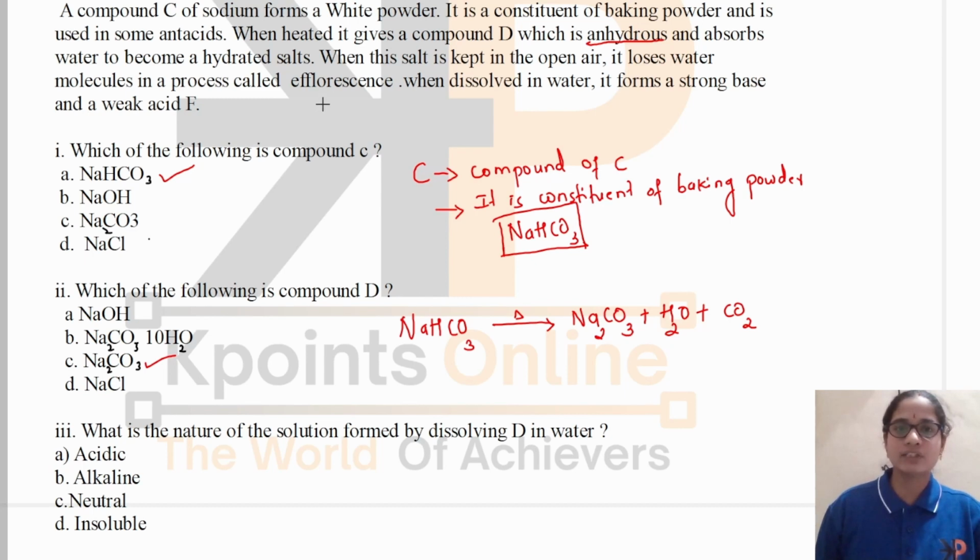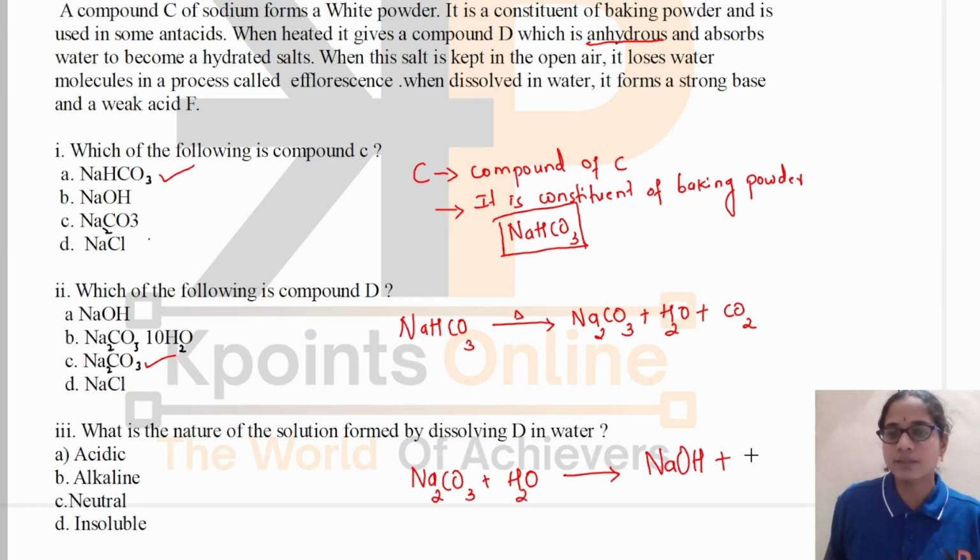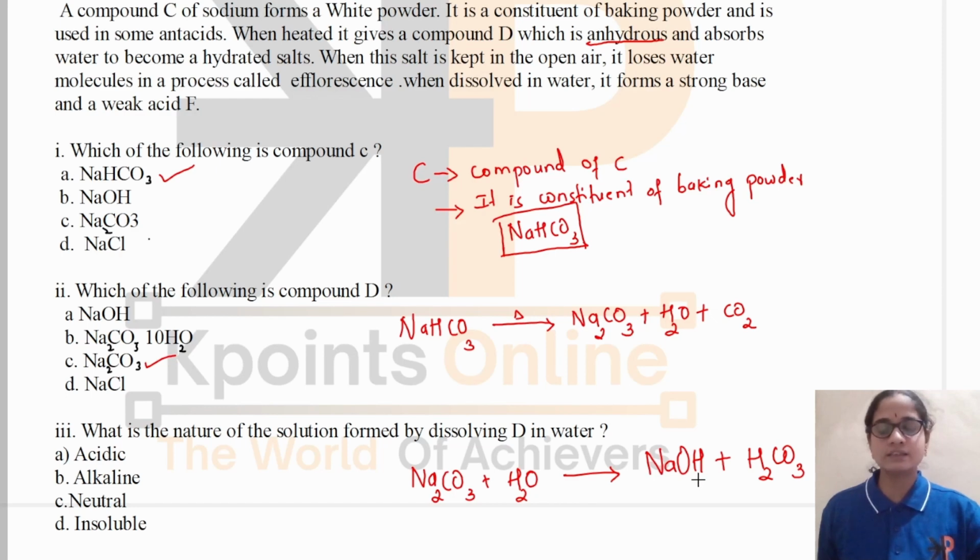Then again they have given that when this salt is kept in the open air, it loses water molecules in a process called efflorescence. When it is dissolved in water, it forms a strong base and a weak acid F. So when sodium carbonate is dissolved in water, it forms strong base sodium hydroxide and weak acid, that is carbonic acid.